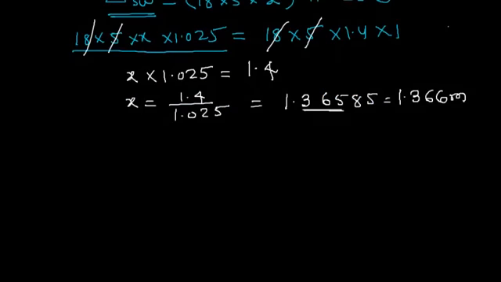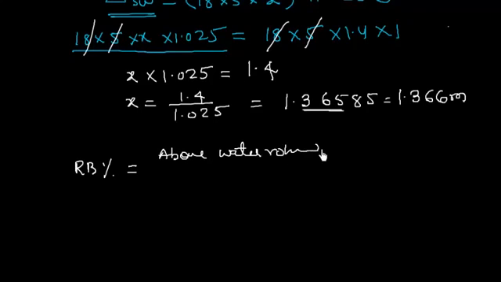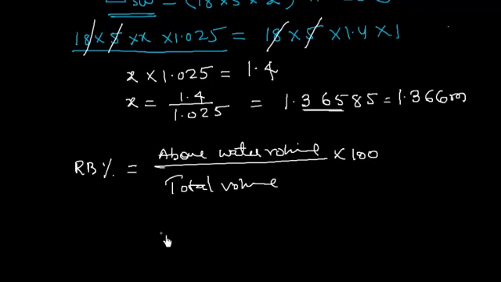So first let us find the total volume, and then we'll calculate the above water volume. So reserve buoyancy in percentage is given by above water volume divided by total volume into 100.